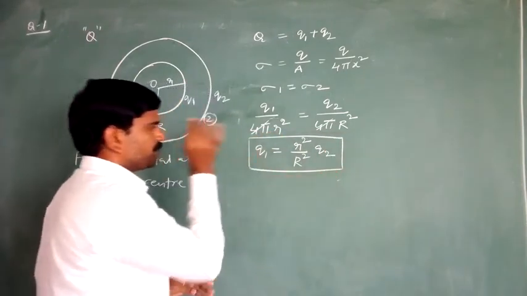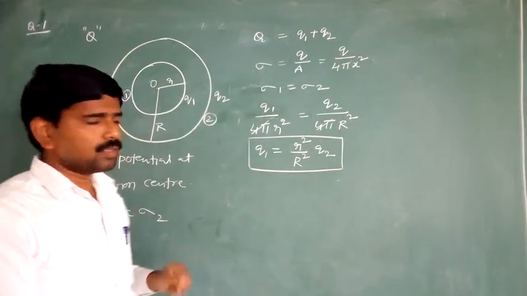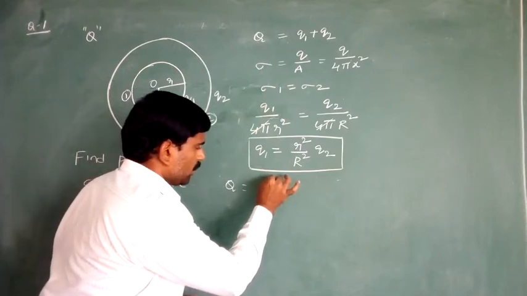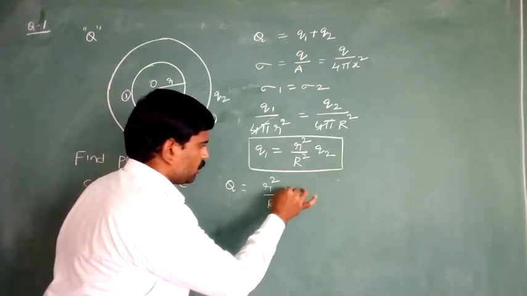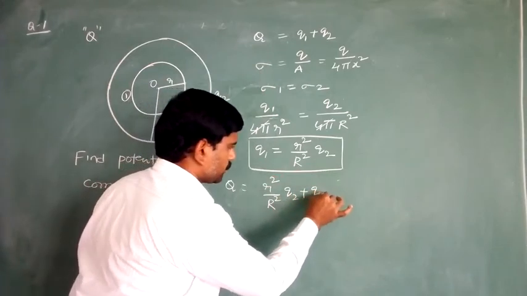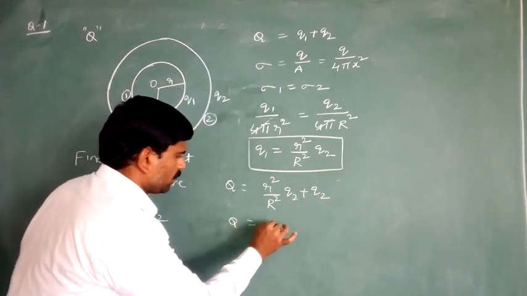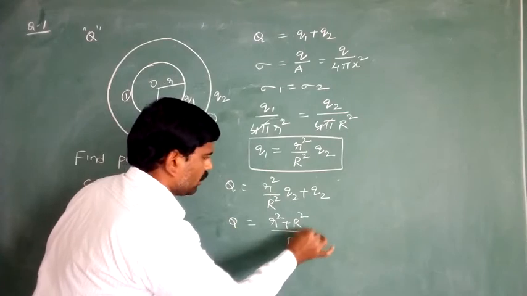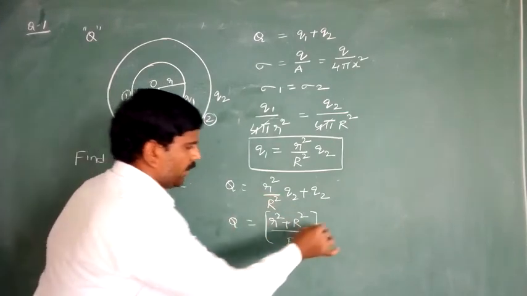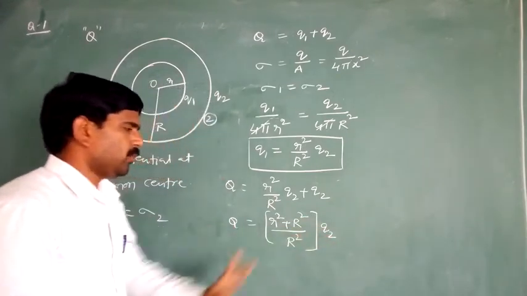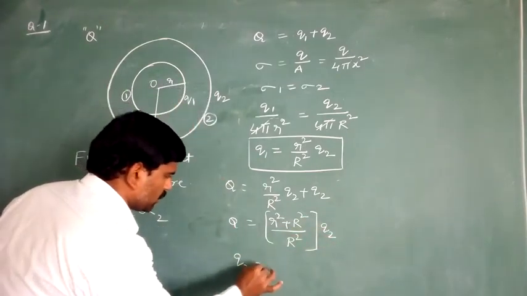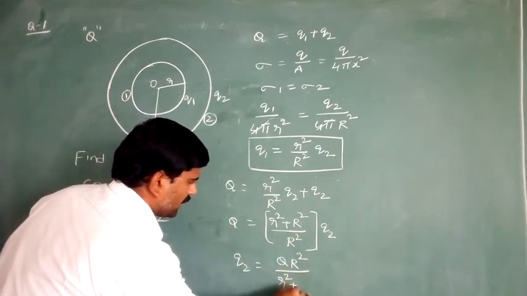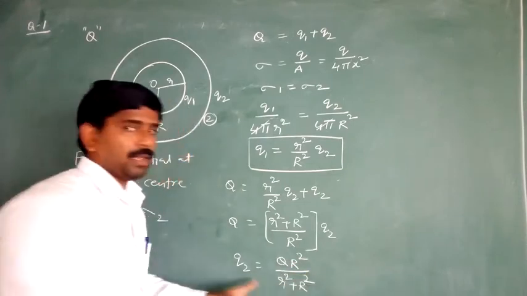Substitute this value here. Q is equal to Q1 plus Q2, that is small r square by capital R square into Q2 plus Q2. Therefore Q is equal to small r square plus capital R square by capital R square, whole into Q2, taking the LCM. So Q2 is equal to Q into capital R square by small r square plus capital R square.